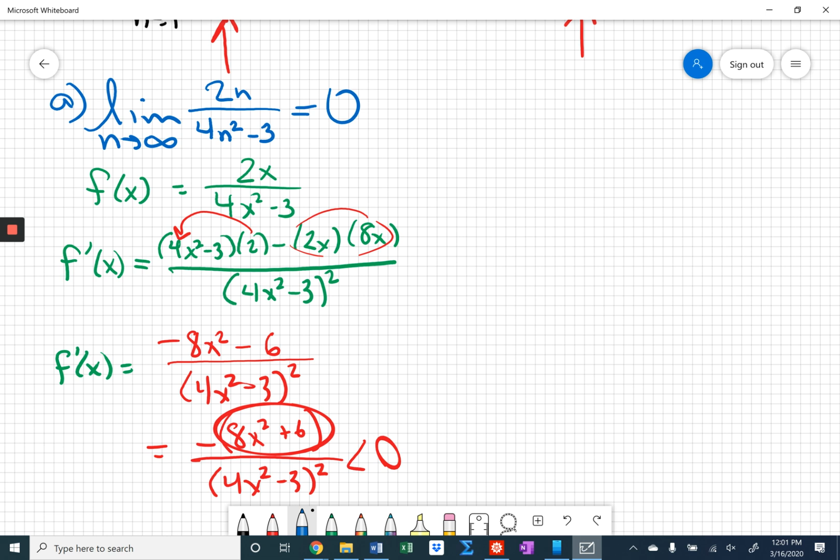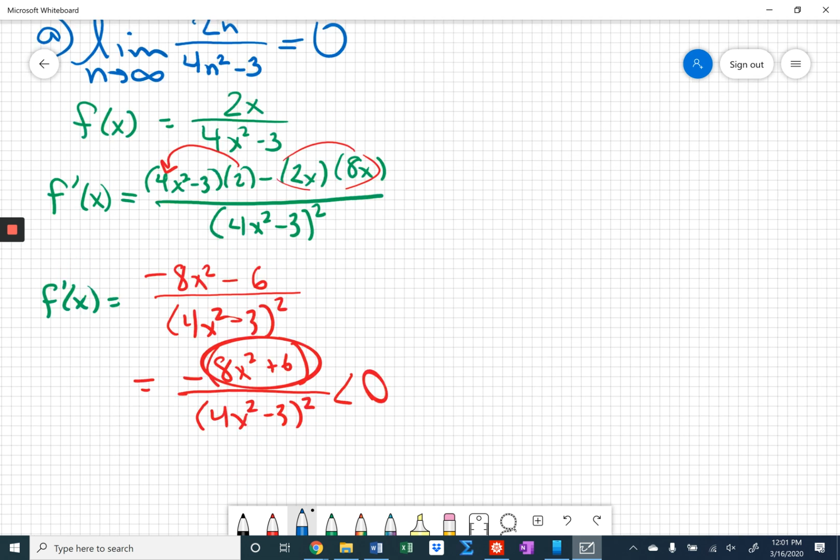It's going to be negative. The denominator is raised to the second power. That's always going to be positive, or at least non-negative. And so that negative divided by the positive is going to be less than 0. So the series is decreasing, and therefore the series is going to converge.